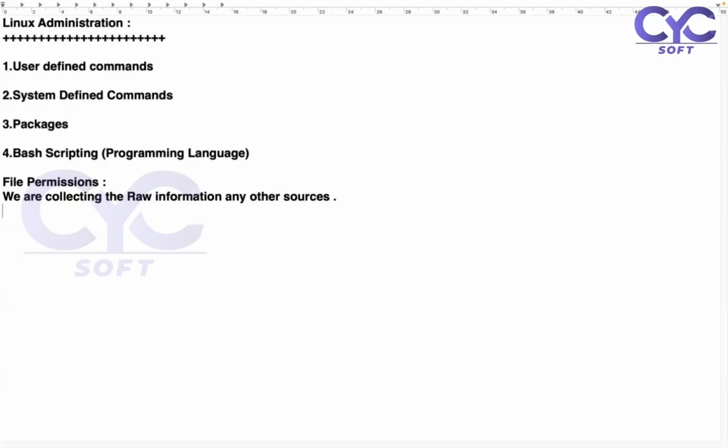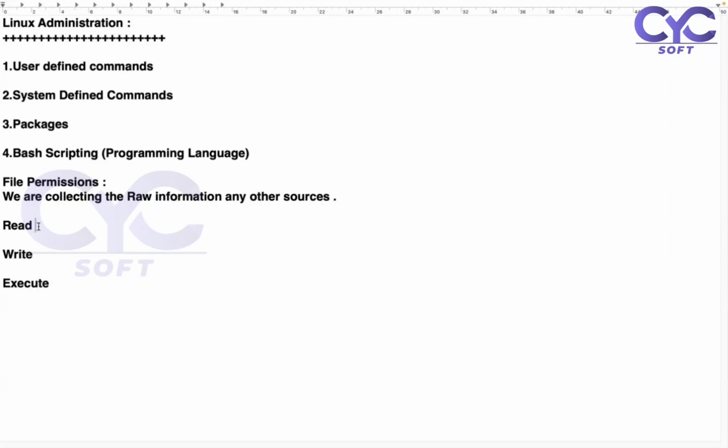So what is a file permission actually? File permissions have read, write, and execute.